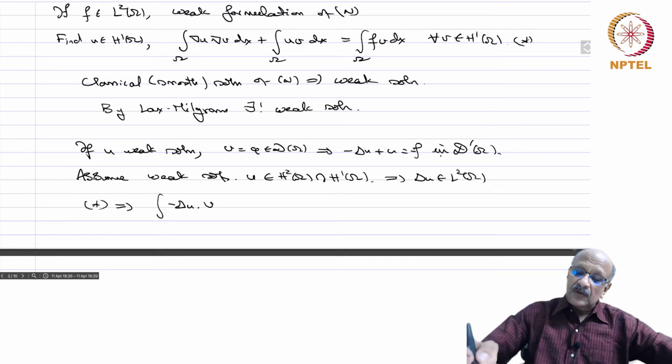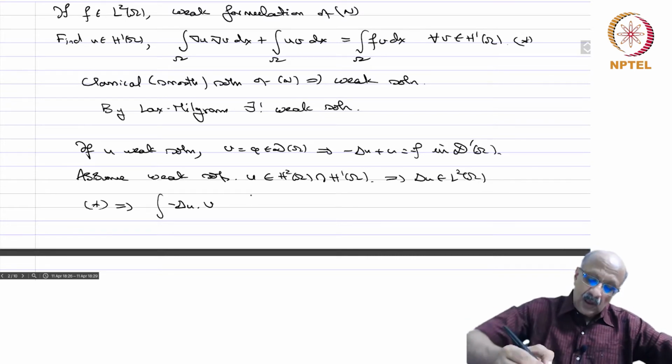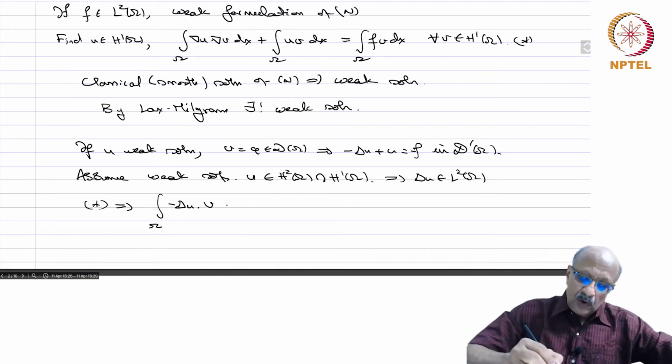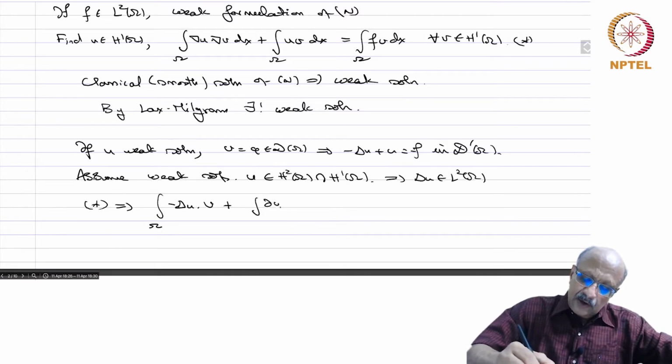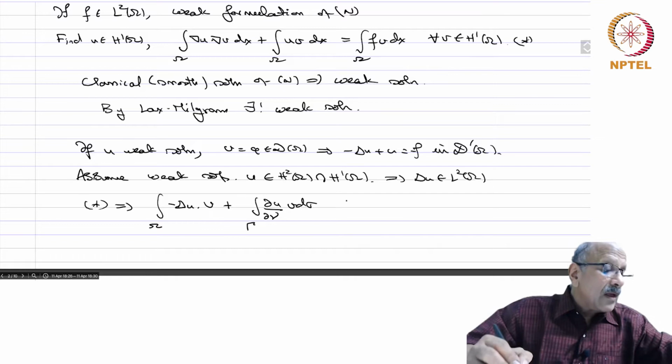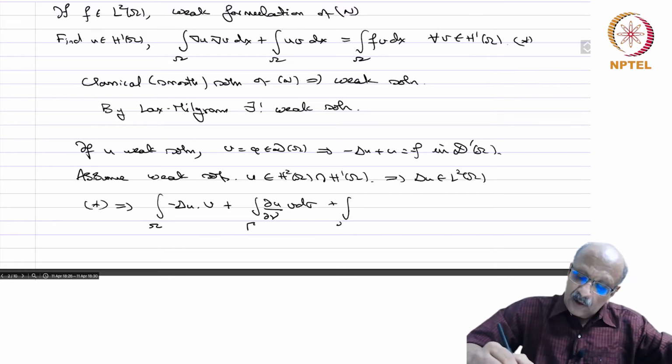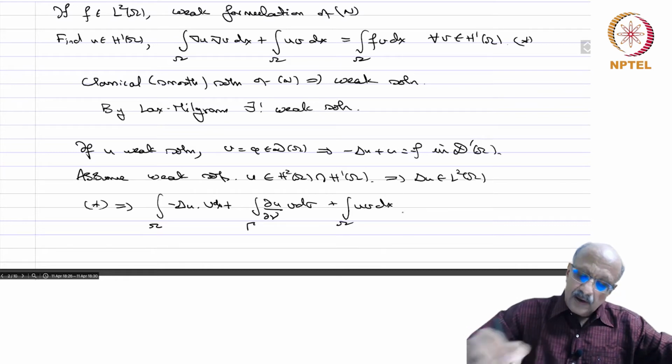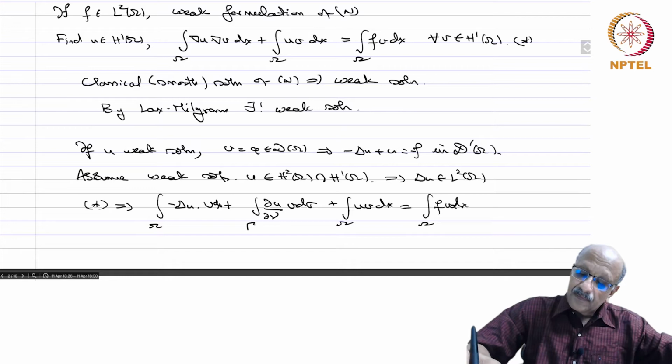Anyway, it's in the sense of distributions, and anyway you have this. Integral on Omega of minus Laplacian u v plus integral du/dnu v d sigma on Gamma plus integral on Omega uv dx equals integral on Omega fv dx.